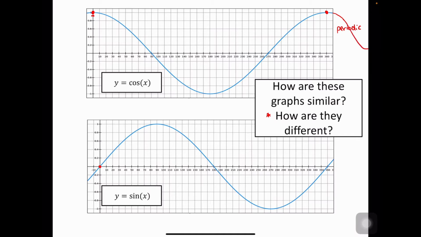This will now continue, and you will see continuous waves. If I drew it here, it would go like this, and it will keep on repeating, and each period will stay 360 degrees.